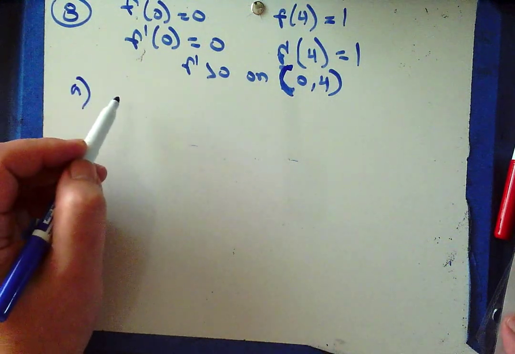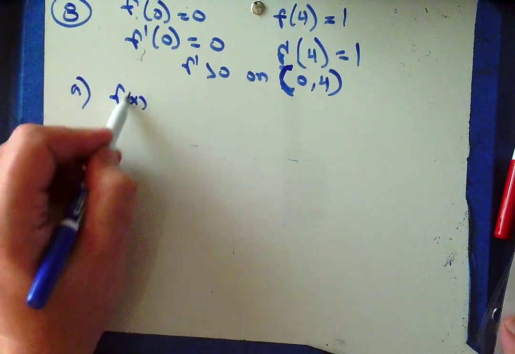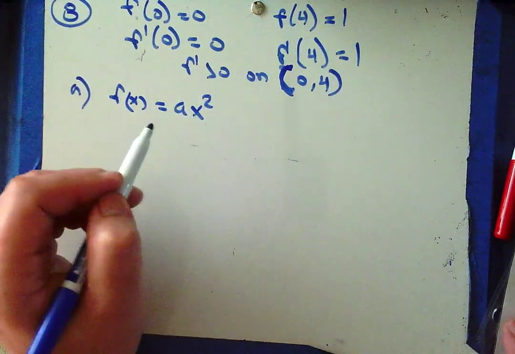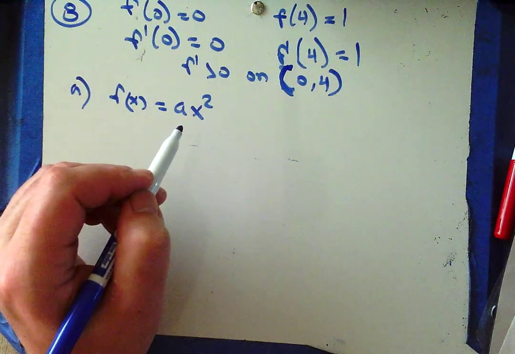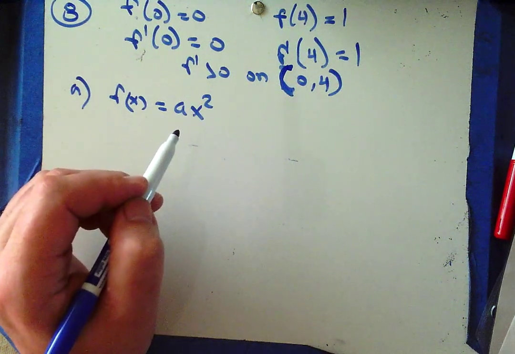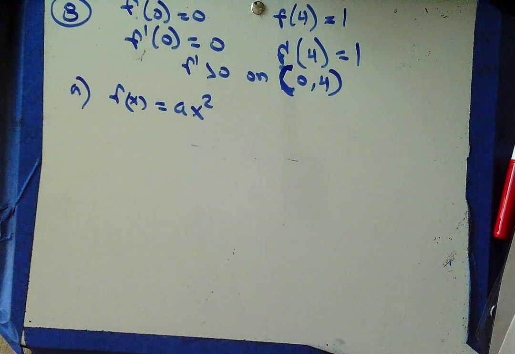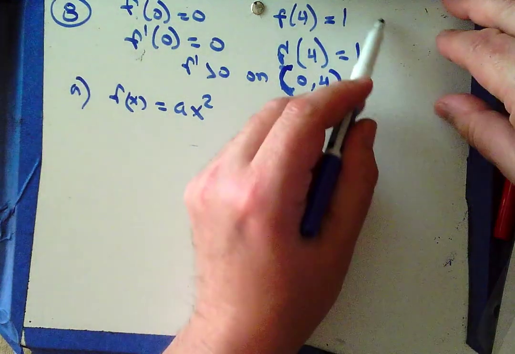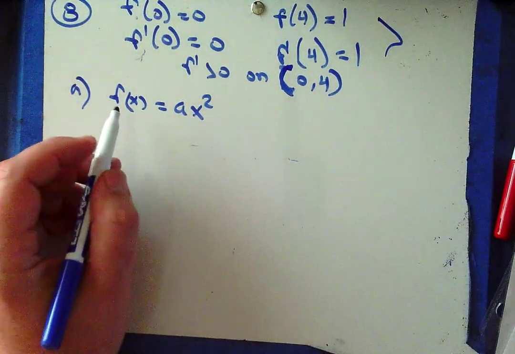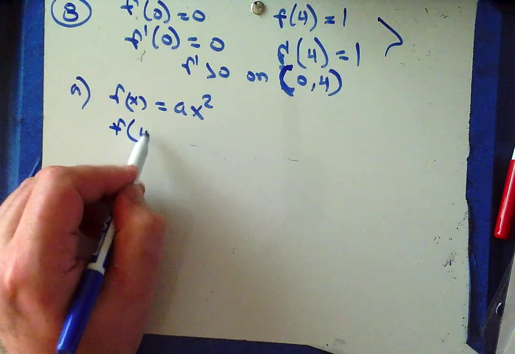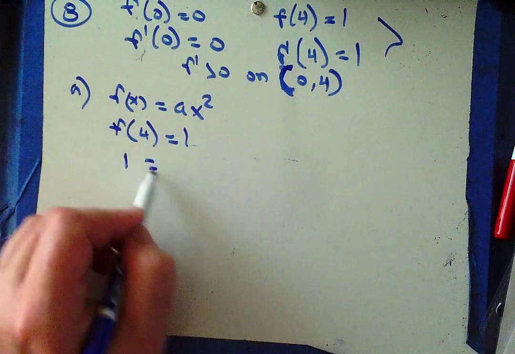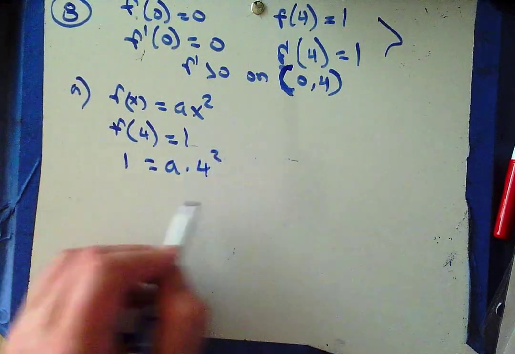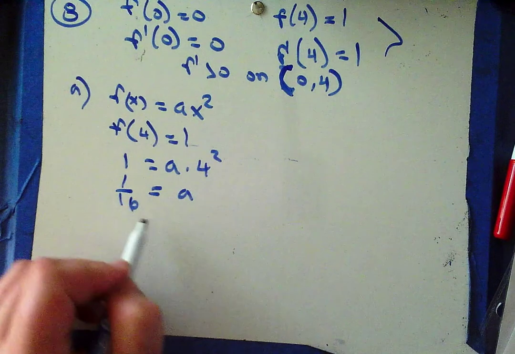Part A says, what if f of x equals ax squared, for a equals a non-zero constant? Show that it is not possible to find a value of a that meets requirement 2 above. So we can't meet that requirement. Okay, so if f of 4 equals 1, then we know 1 equals a times 4 squared, a equals 1 over 16.